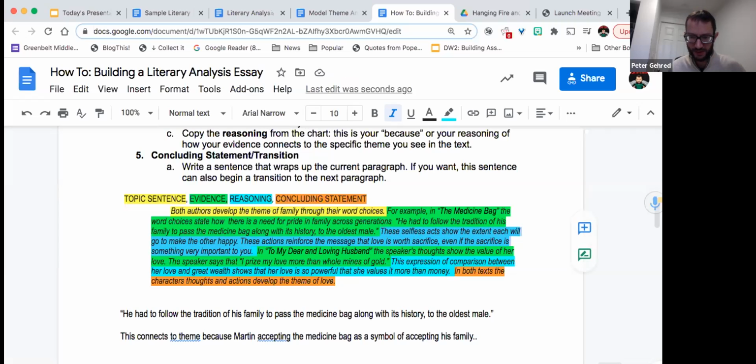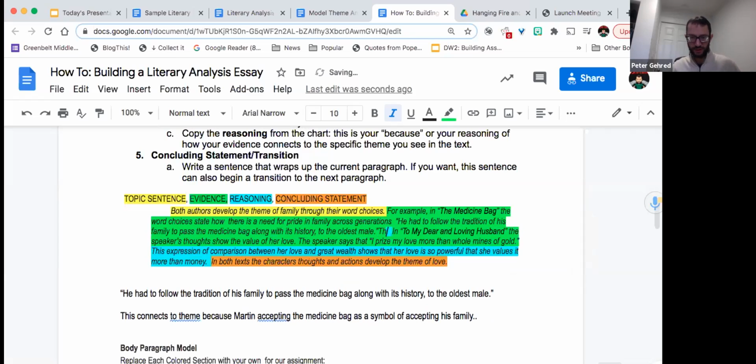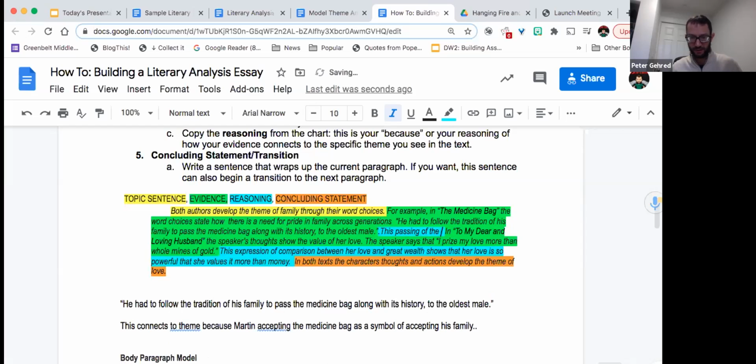They say these selfless acts show the extent to which each will make each other happy. So we can say, similarly, thinking through it. Similarly. All right, we all make mistakes here. I'm having a little bit of a verbal tick. So this passing of the medicine bag from generation to generation.